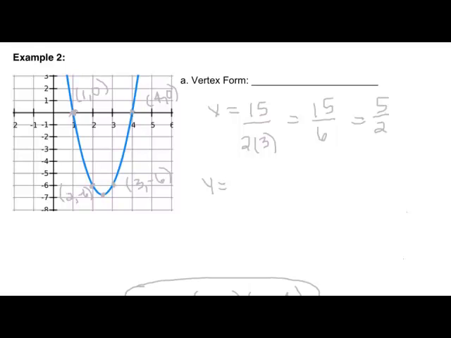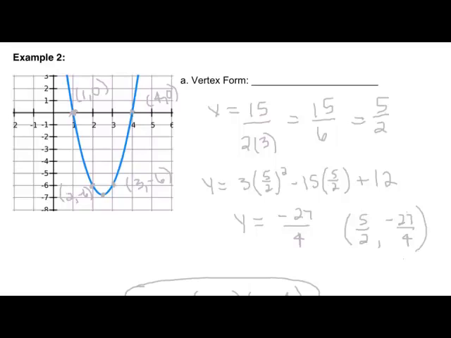So y equals 3 times (5 halves) squared minus 15 times 5 halves plus 12. And what you can do is just plug all that right into your equation with the parentheses, and then you can get your y value from that, and then just change it back into a fraction using the fraction button on your calculator. So y should be negative 27 over 4. So that makes our vertex (5 halves, negative 27 fourths).